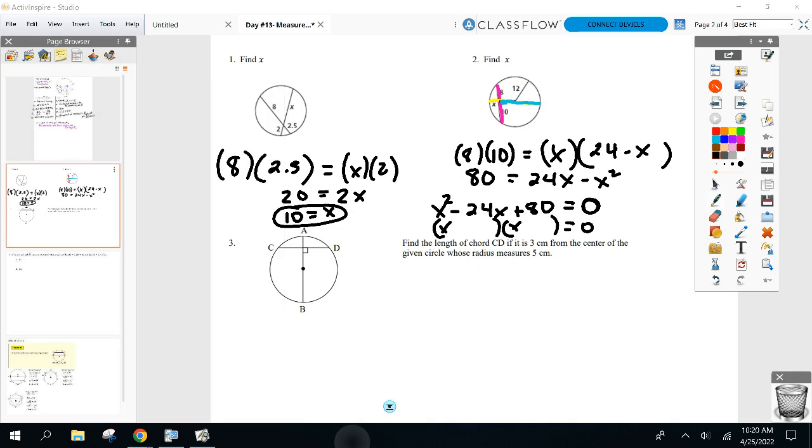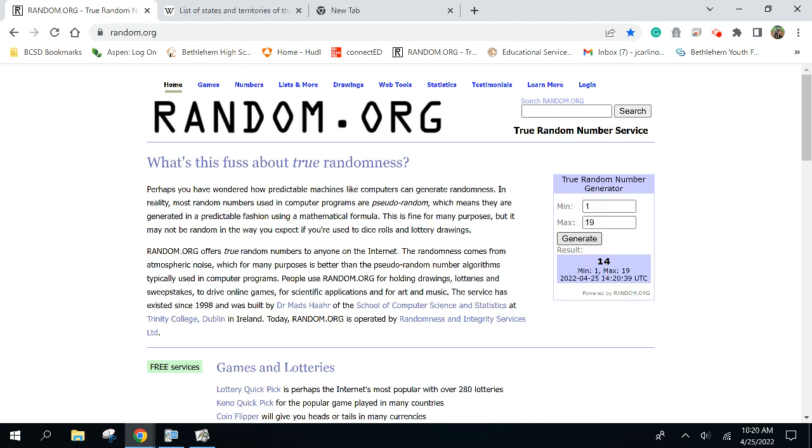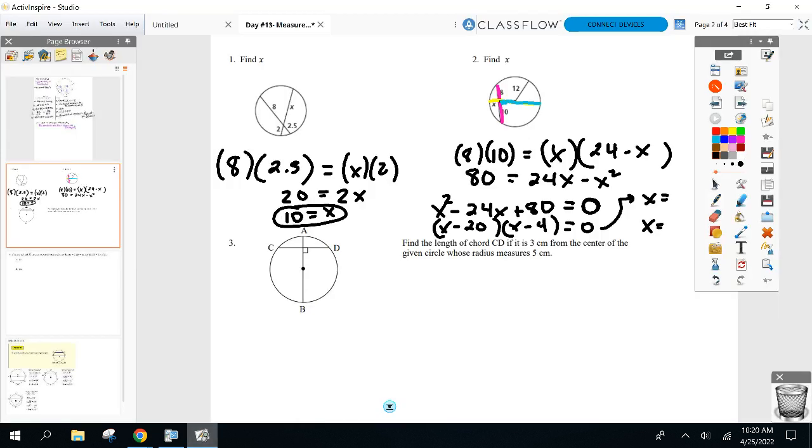Right. X minus 20 and x minus 4. Good. They multiply to 80, but add to negative 24. Good, good. And now you got to tell me what x equals. Set each of them equal to 0. Let me know what x equals. Two values of x. 20 and 4. Yep.